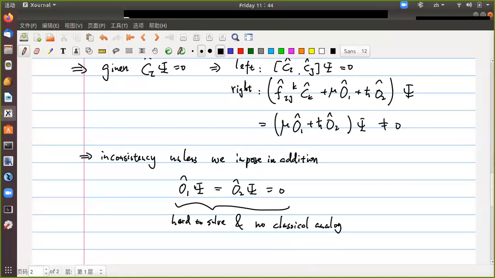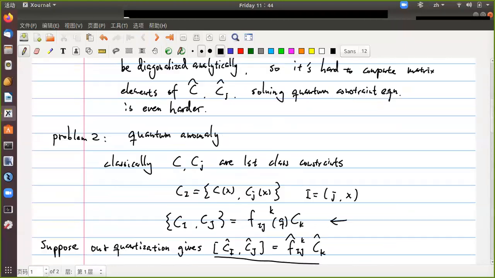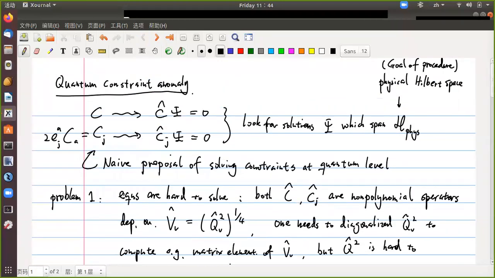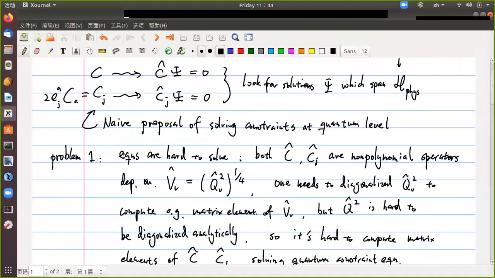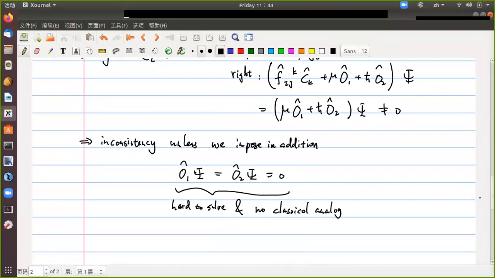So it seems we are imposing too many constraints. Classically you only have C_i and C_j equal to 0, but quantum mechanically you impose not only those but also O1 and O2 equal to 0. So you get too many constraints.